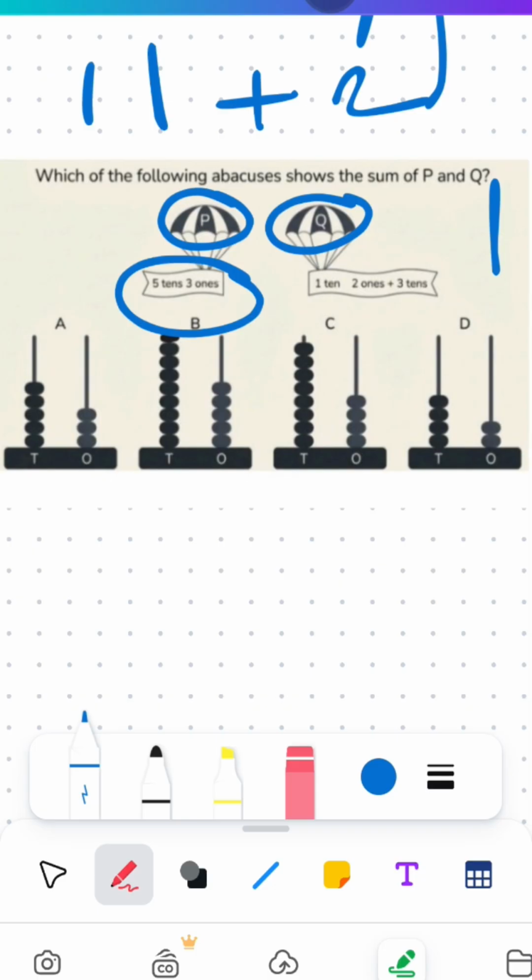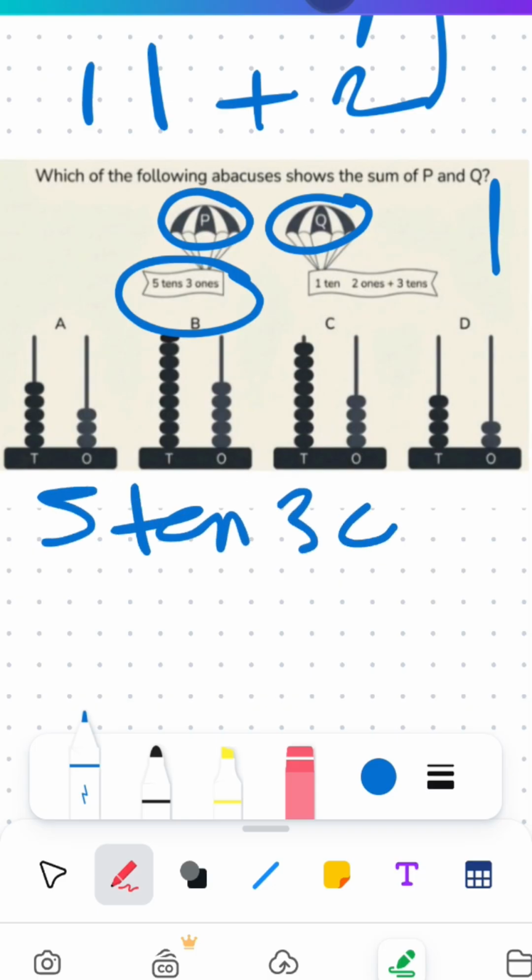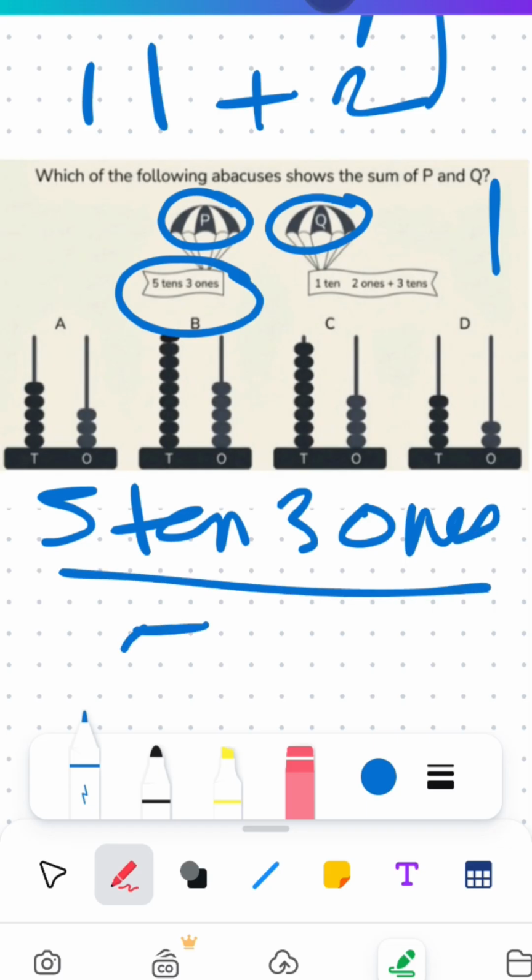What is the value here? 5 tens and 3 ones. What is the short form? The short form is 53.